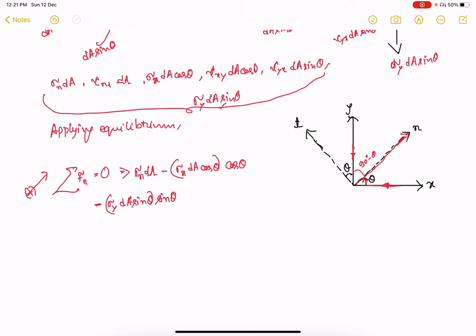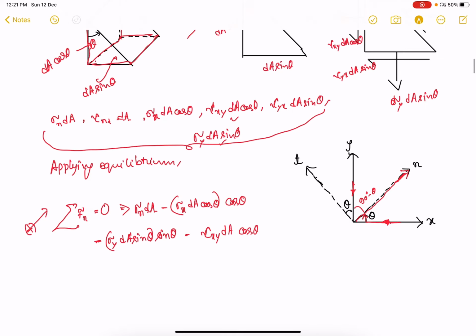Similarly, tau xy dA cos theta, and tau yx dA sin theta, which is in this direction like sigma x, so it will come as cos theta, is equal to 0.